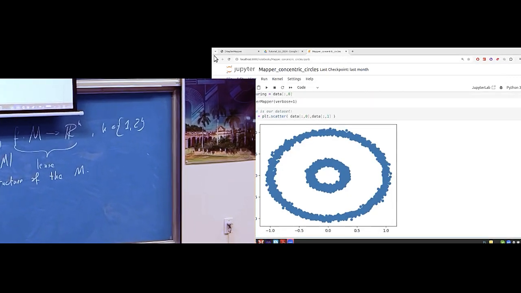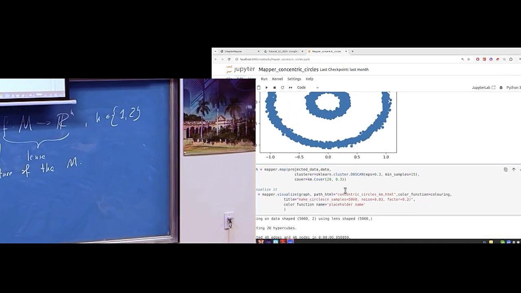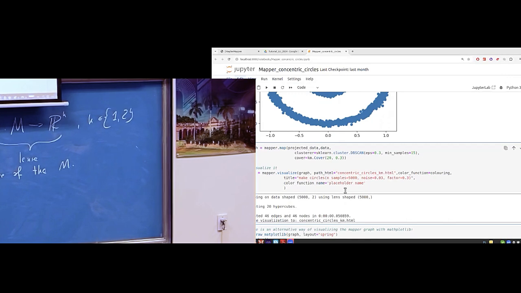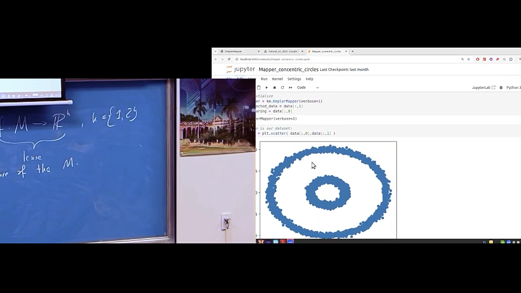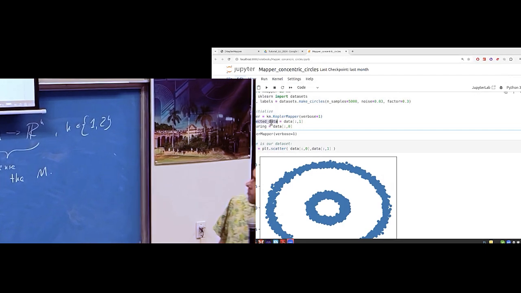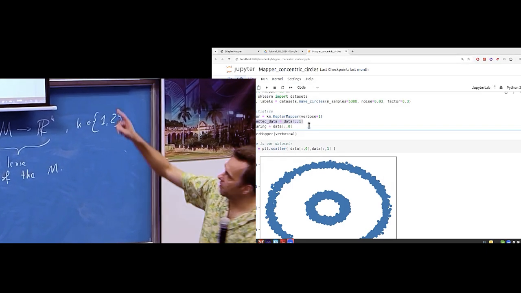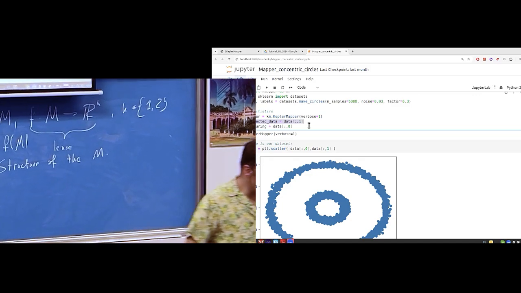This is just a scatter plot. For the projected data, I took the y coordinate as the lens function.